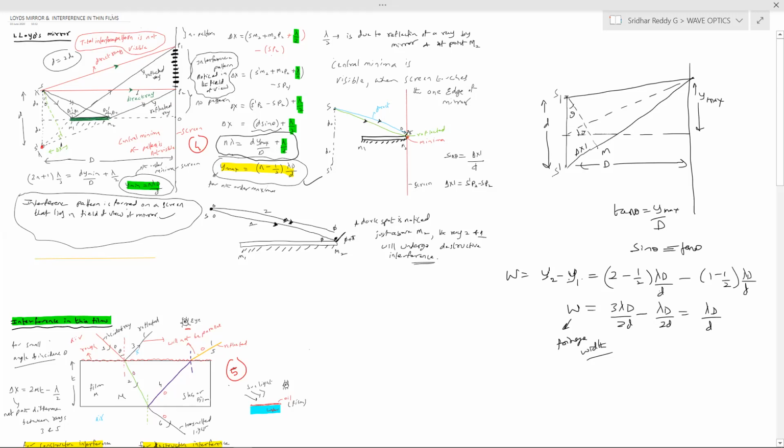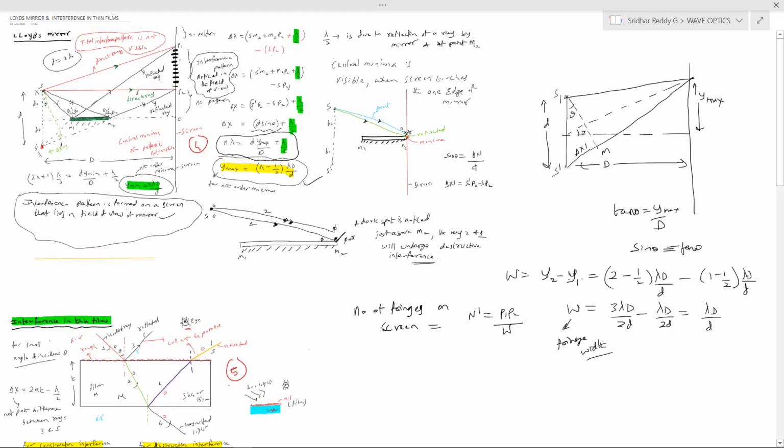Okay, how many fringes will be noticed on the screen? Number of fringes on the screen should be equal to how much? I'll call it n dash, equal to P1P2 by W. What is P1P2?